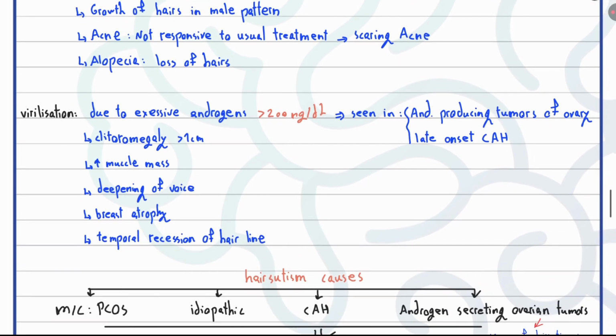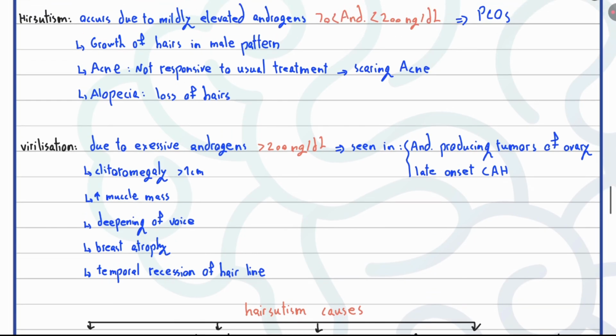And here we have virilization, which is a complication of PCOS. What will happen in virilization? It means the female will have characteristics of a male, and these characteristics are more prominent than in conditions such as hirsutism. This virilization takes place when the concentration of androgens is more than 200 nanograms per deciliter. So as you know, besides ovaries and testes in males, we have adrenal glands, and in adrenal glands we can see production of androgens.